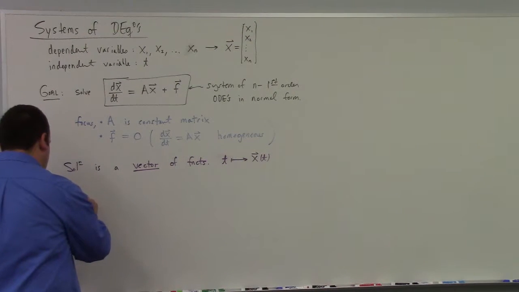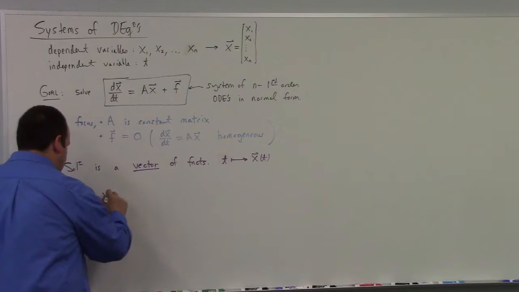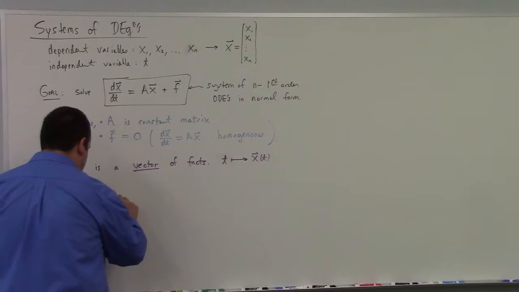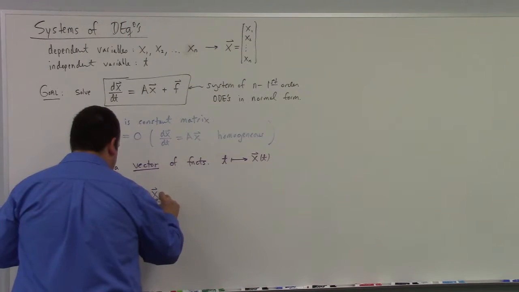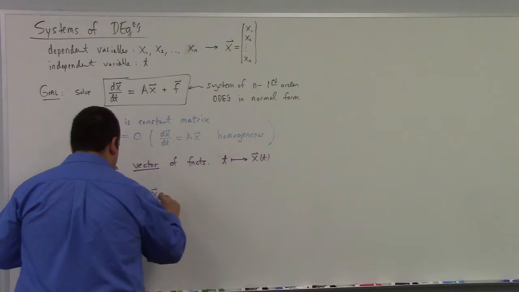So, definition, and notice the vector here, x vector 1, x vector 2, x vector, let's say, k.